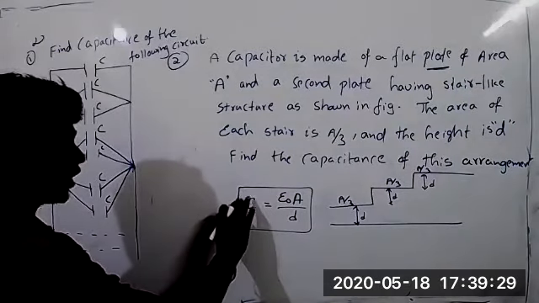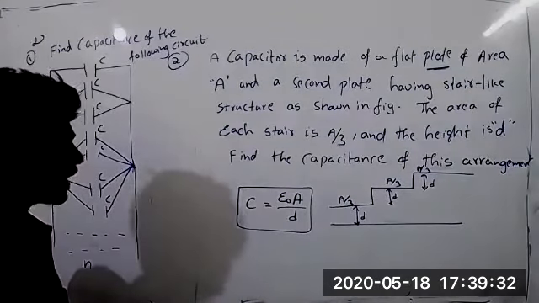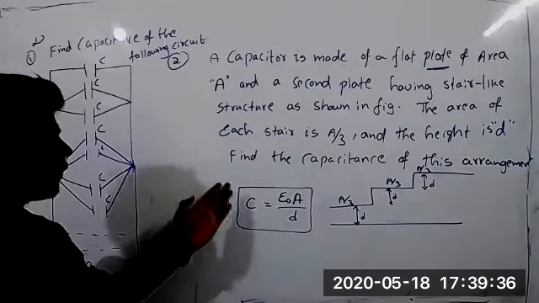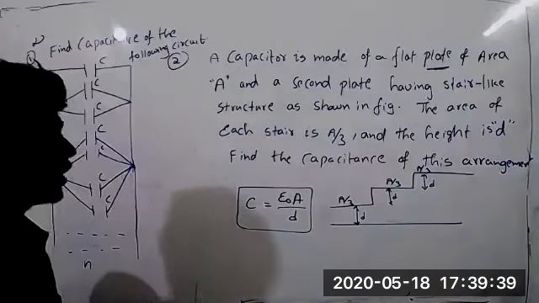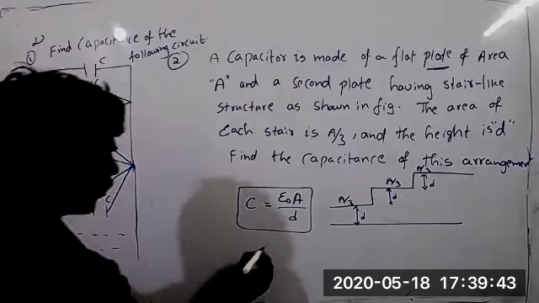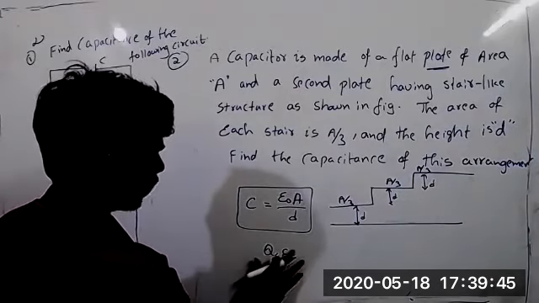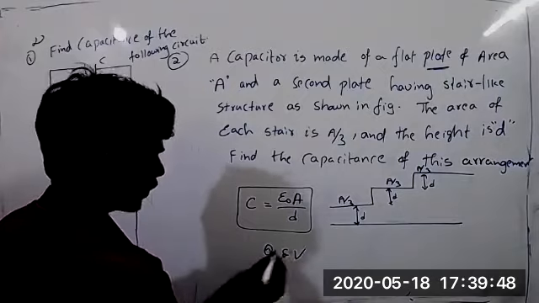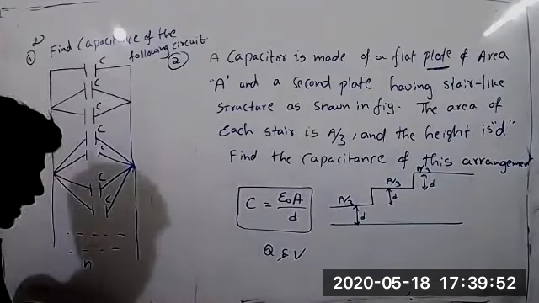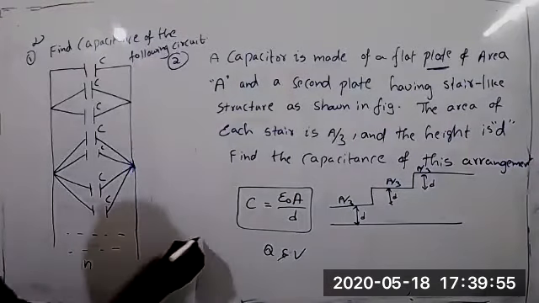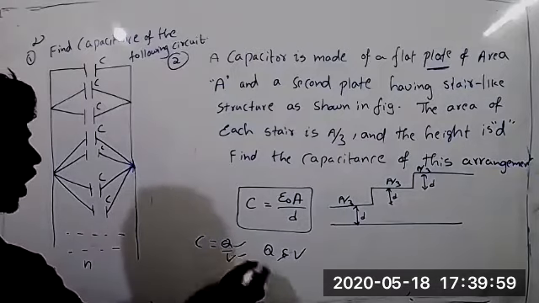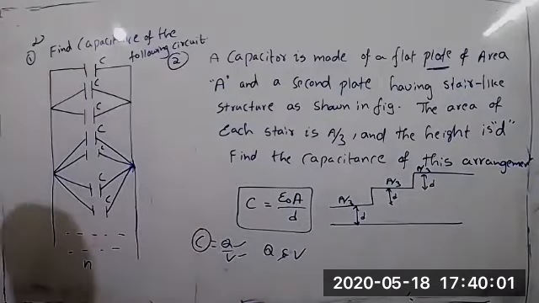When you are reading the question, if you are seeing capacitance, which formula do we have to use? They have given plates, so immediately the first formula you should remember is C equals epsilon naught A by d. Otherwise, if they have given Q and V and you want to calculate capacitance, one more formula is there: C equals Q by V. So whatever they are giving, we have to take the formula accordingly.